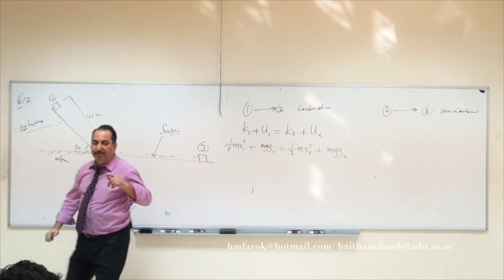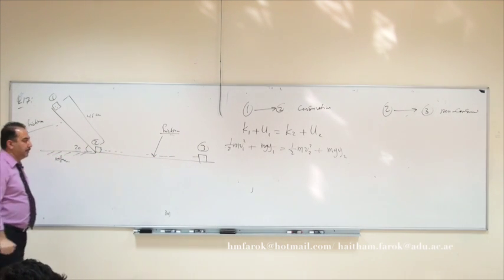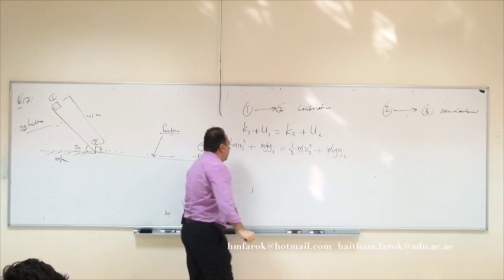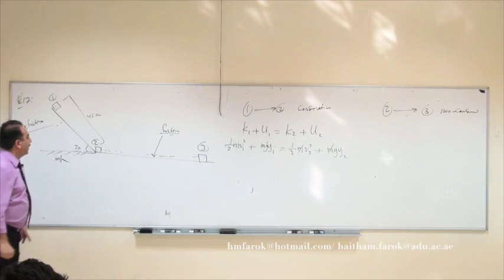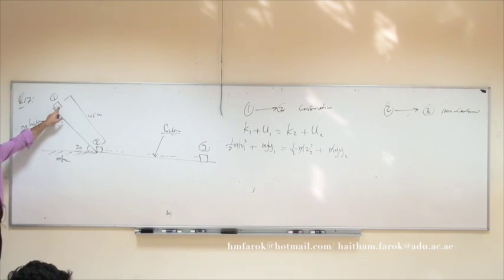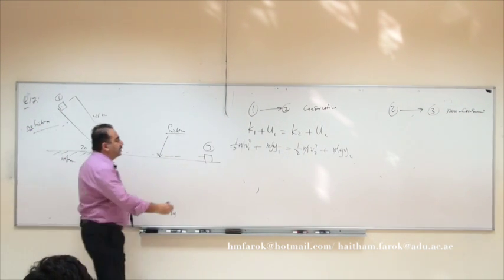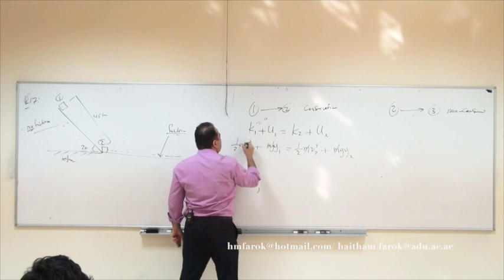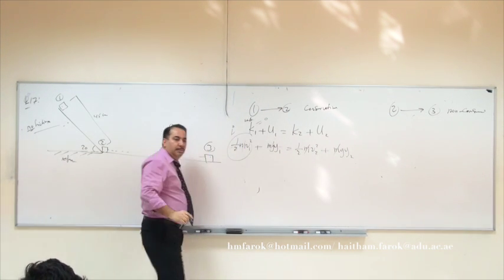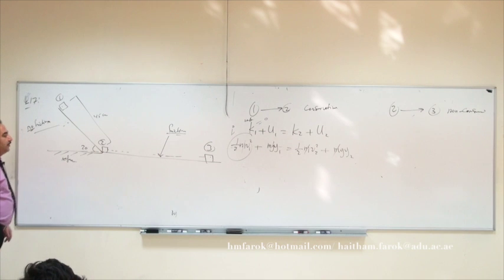Do you need the mass? Out, it cancels. But when we read the question, what was the speed at 1? It says at rest. So all this is 0. What is left? mgy1.